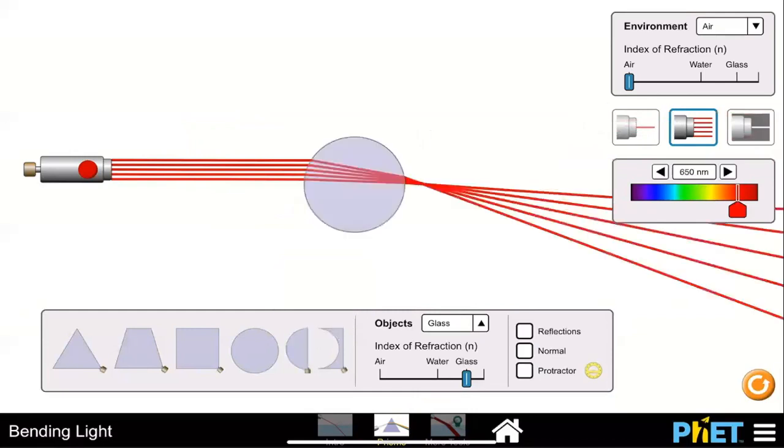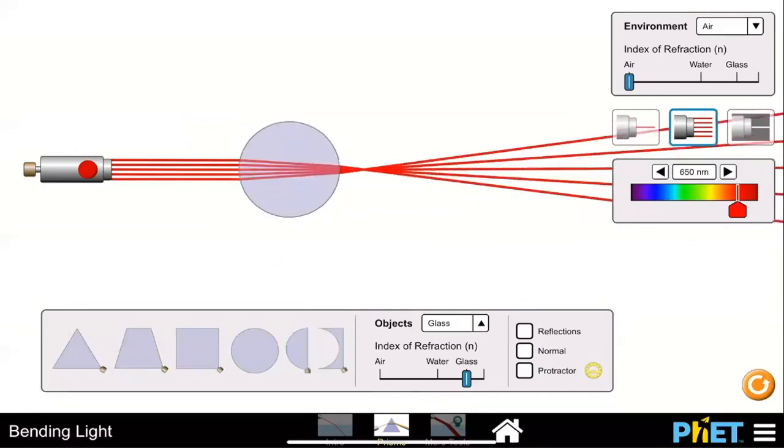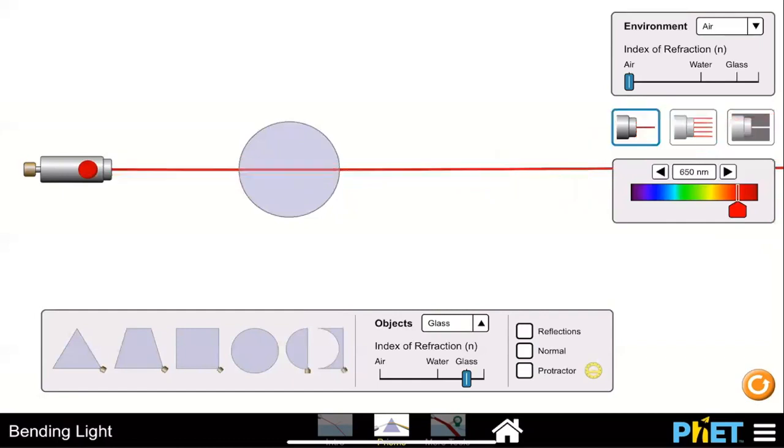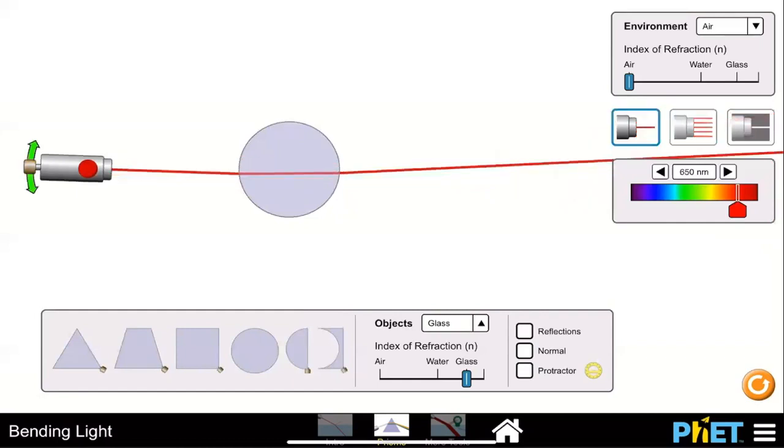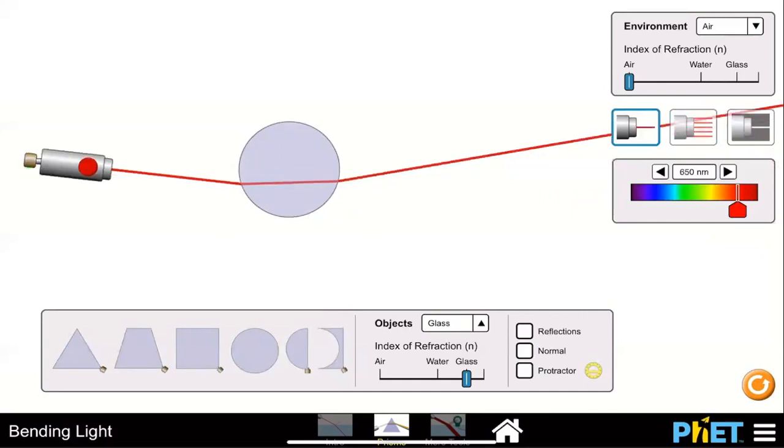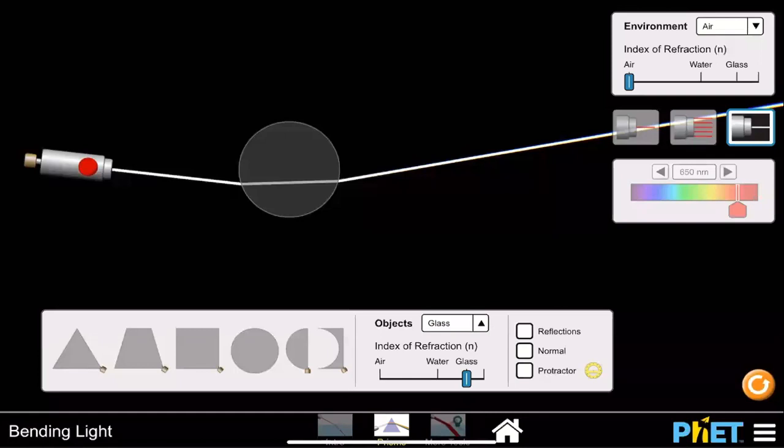Now I have here a circular lens, so we can consider it as a convex lens. Still, it converges the light. I use here now a white light, and we can notice that there is a rainbow at the far end of the screen.